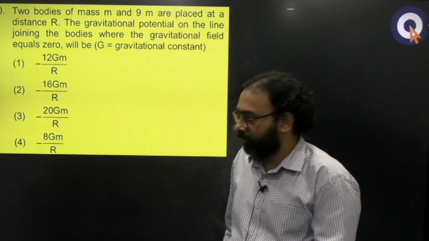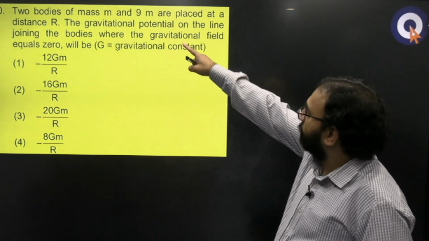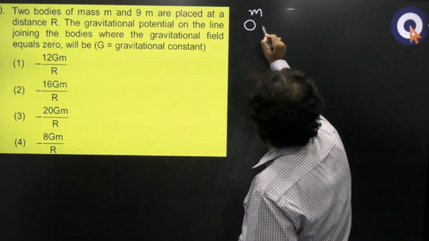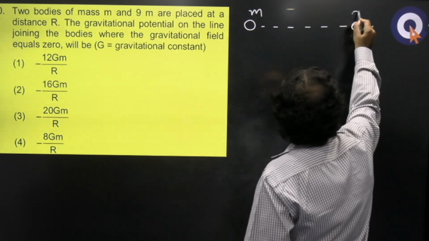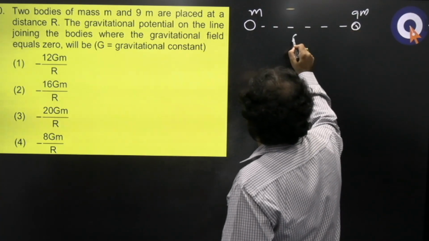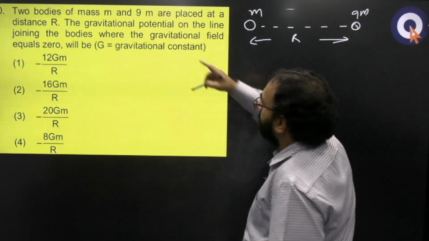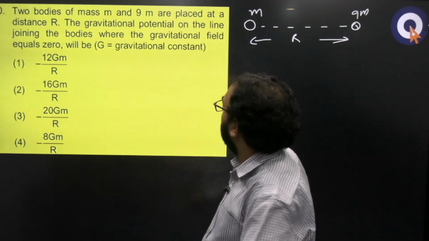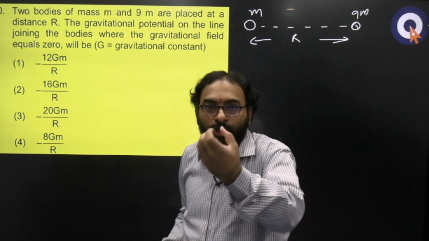See here, next question. Two bodies of masses m and 9m are placed at a distance capital R. Find the gravitational potential on the line joining the bodies where the gravitational field equals 0.